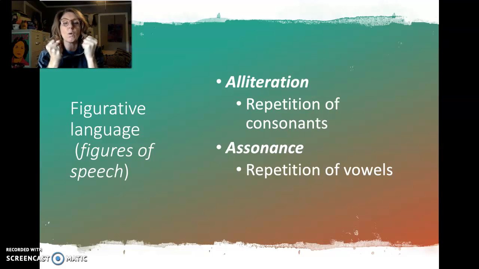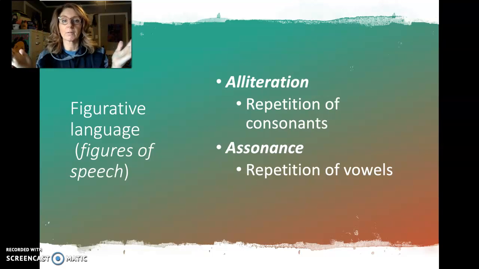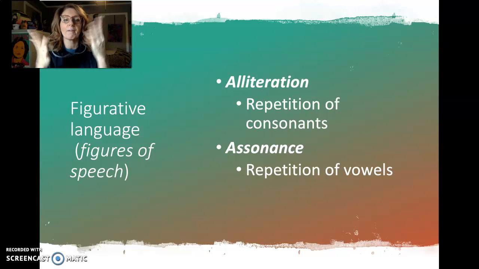One perfect example that you've heard is Peter Piper picked a peck of pickled peppers, right? That's a repetition of consonants. It's the P, right? Now repetition of vowels is a little harder.